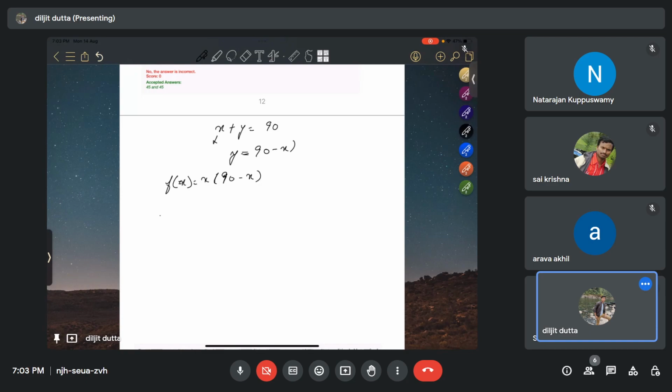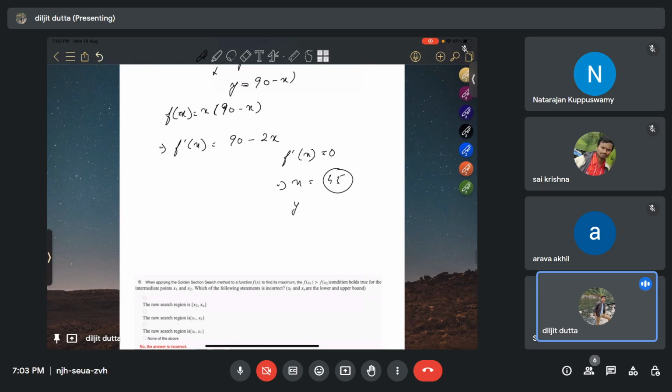So to maximize, we take f dash x equal to 90 minus 2x. So we set f dash x equal to 0 to get the maxima. This implies x equals 45 and y is equal to 40.